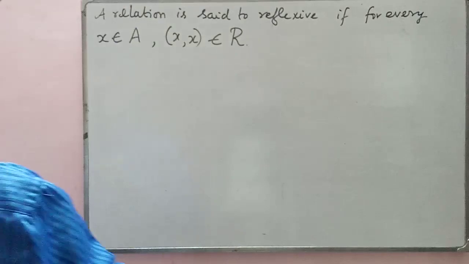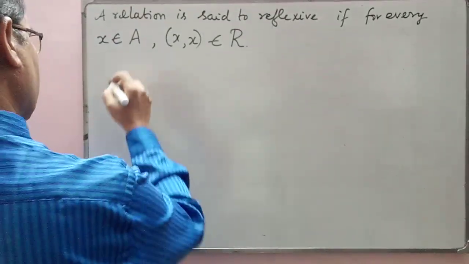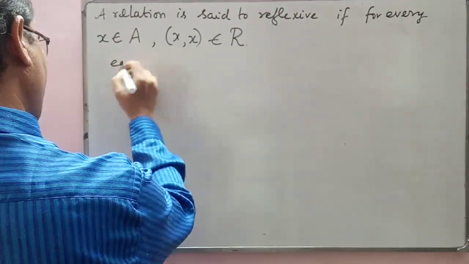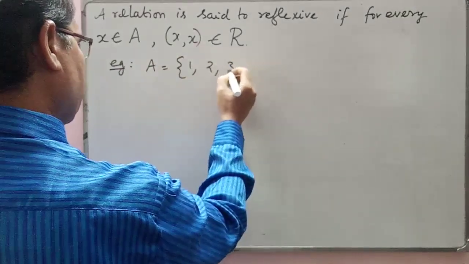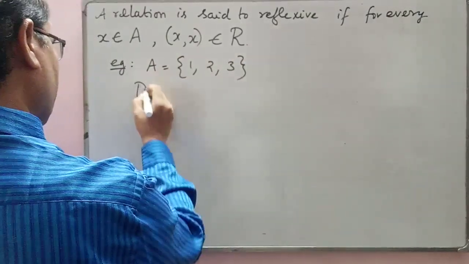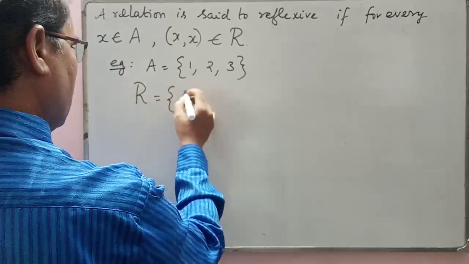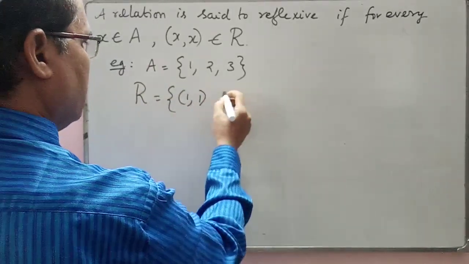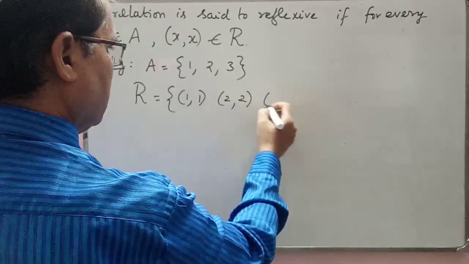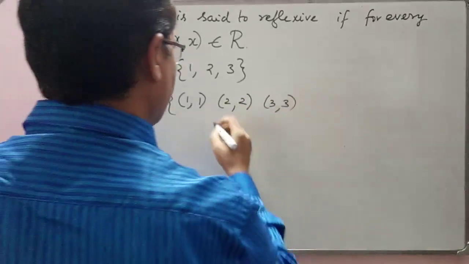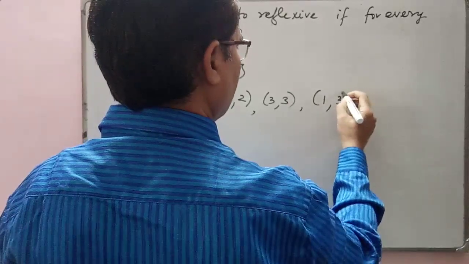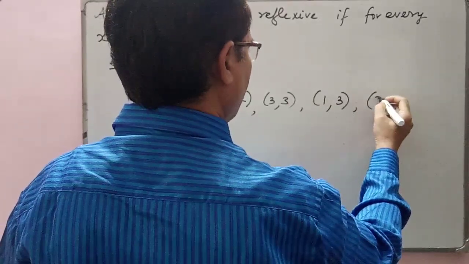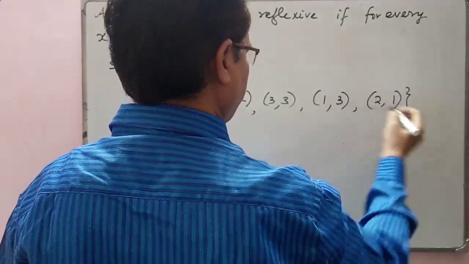Okay, children, for example, we'll take an example. I say set A is {1, 2, 3}. Now my relation R has (1,1), (2,2), (3,3), and (1,3), (2,1), like this.